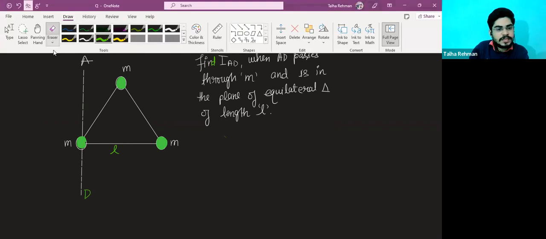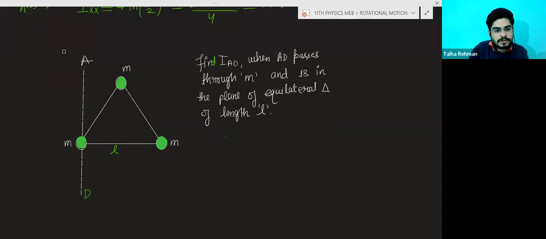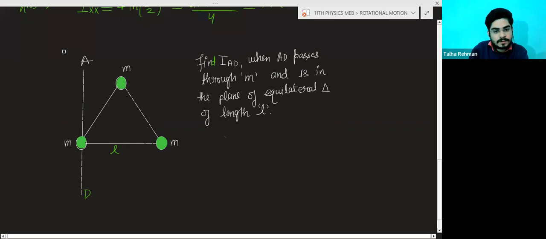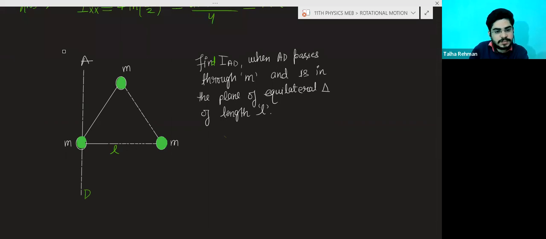There is no actual triangle drawn here; the masses are just placed at the vertices.